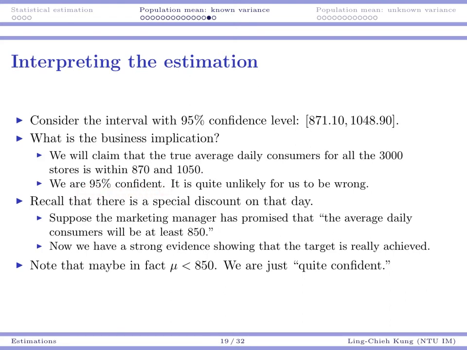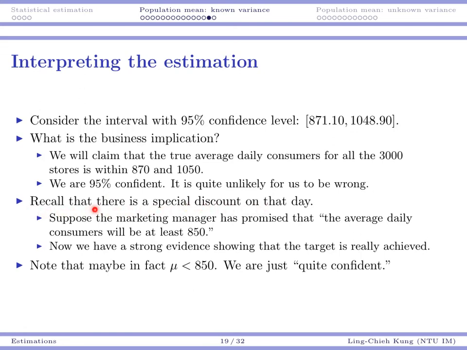In many situations it's quite confident. For example, in this marketing situation, I think it is good enough. So we can say that it is quite unlikely for this statement to be wrong. We don't know whether it is right or wrong. It may be right, may be wrong, and we never have a chance to really tell because we can never find mu. But we know with probability 95% it is correct.